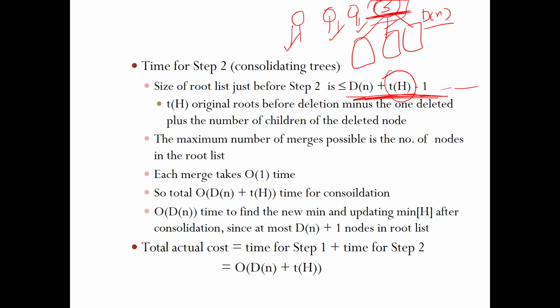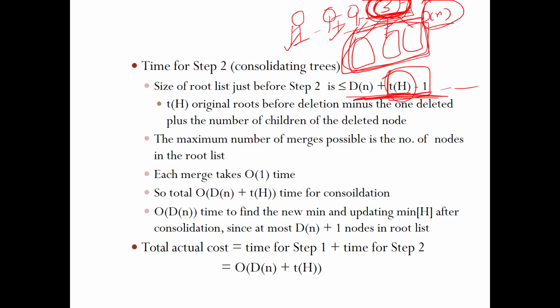Now you're going to extract the min, meaning one of the trees is going to be dissolved, and you're bringing the subtrees to the level above. So T of H minus 1 involves dissolving the minimum element and bringing these three, that is the degree of n, above. So how many trees will be there now? 1, 2, 3, 4 were initially there. You deleted one tree, and because of that, three other new trees are going to come to the root list.